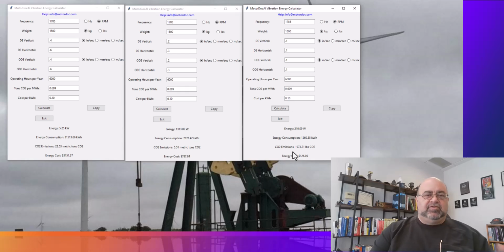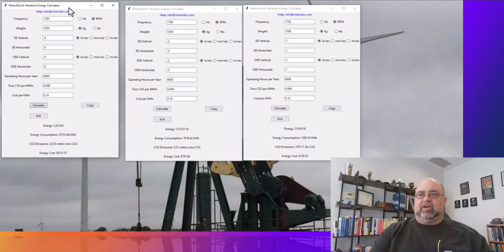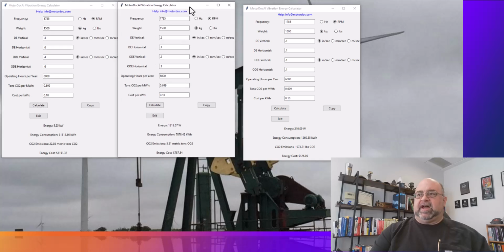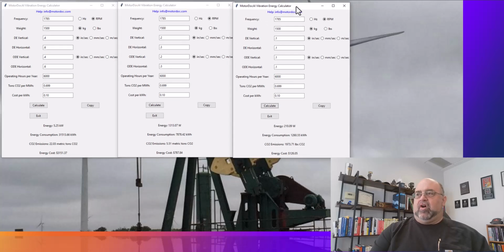Now it's 2,240 pounds of CO2 per metric ton. So we dropped from 22 metric tons to just under a ton related to this particular defect. Now let's say we go all the way and we do a precision balance.